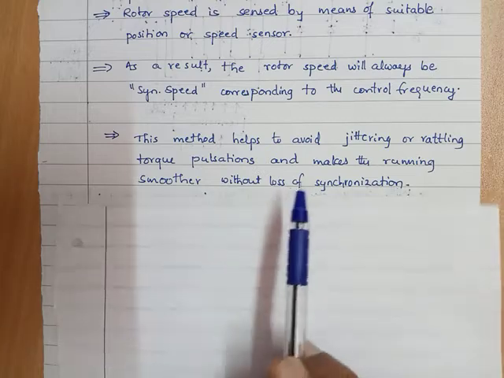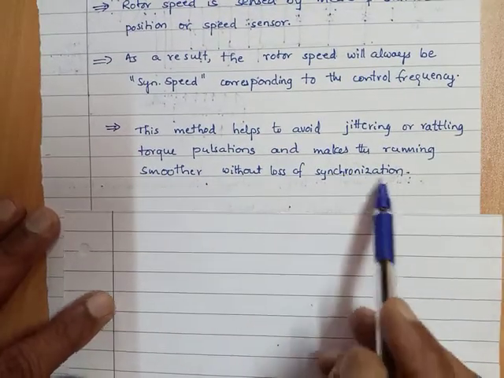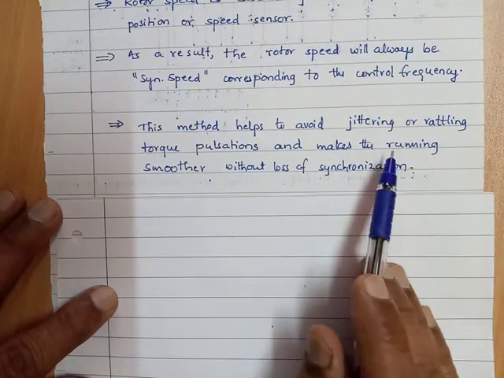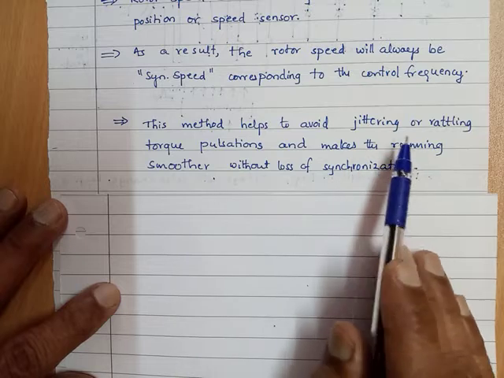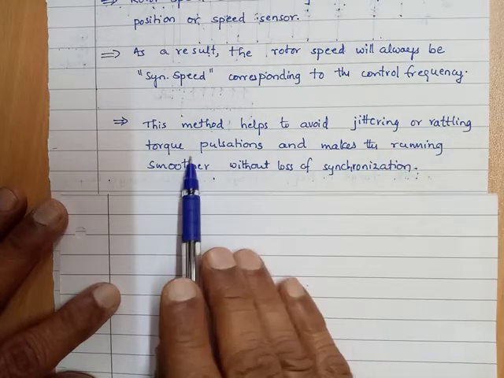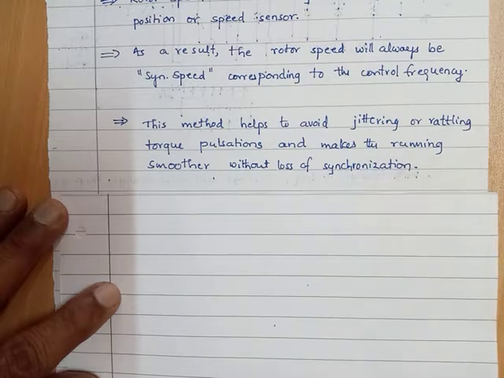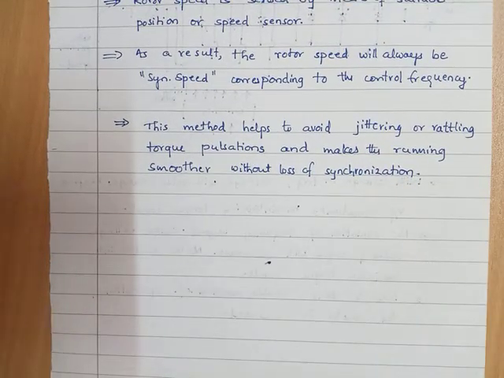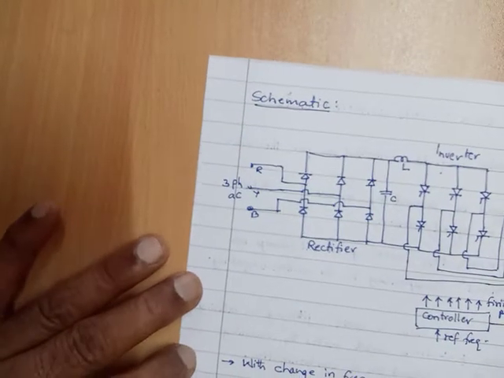But here, since the rotor speed is monitored and according to that the frequency is controlled, both will be going on hand in hand. As a result, the jittering or rattling and torque pulsations will be minimized, almost avoided. So now, having an idea about this method, we will look at the schematic.